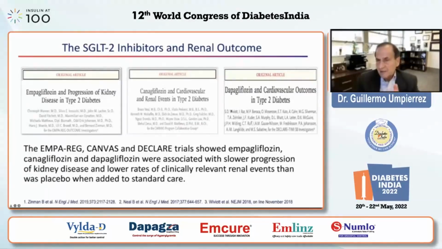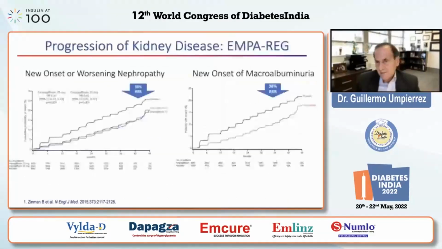There is ertugliflozin, but the data is not that beneficial with ertugliflozin. We have impressive data with EMPA-REG with empagliflozin, CANVAS with canagliflozin, and DAPA-CKD, the dapagliflozin kidney trial. In EMPA-REG, the use of empagliflozin reduced the risk of worsening nephropathy, reduced new-onset macroalbuminuria by close to 40%.